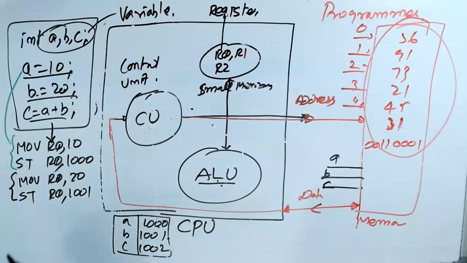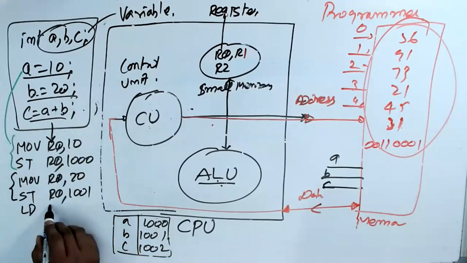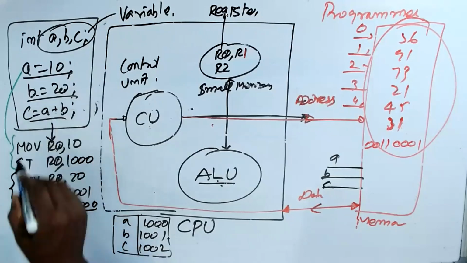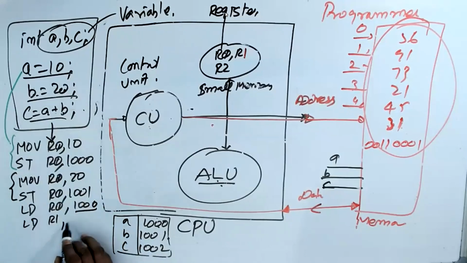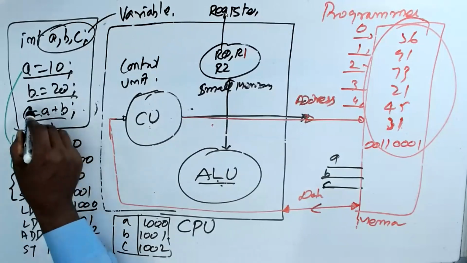Now, A plus B: load R0, 1000, where 1000 is A. Load R1, 1001, and add R0, R1, R2, and store R2 into 1002. That is what I'm storing in C.